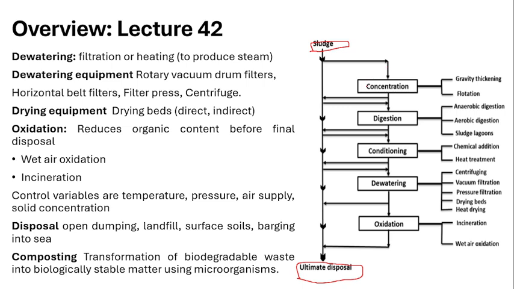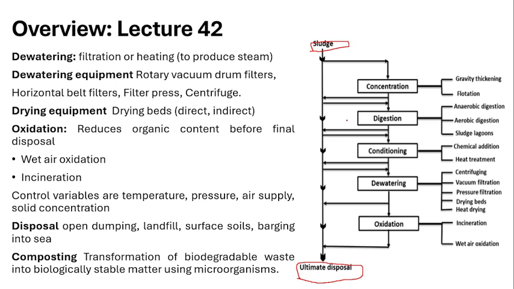Concentration can be done by gravity thickening in the case of primary sludge and flotation in the case of secondary sludge. Next thing is the digestion. So digestion is nothing but producing the methane or carbon dioxide gases by digesting the organic content present in the sludge matter. So it involves the anaerobic digestion, aerobic digestion, sludge lagoons.